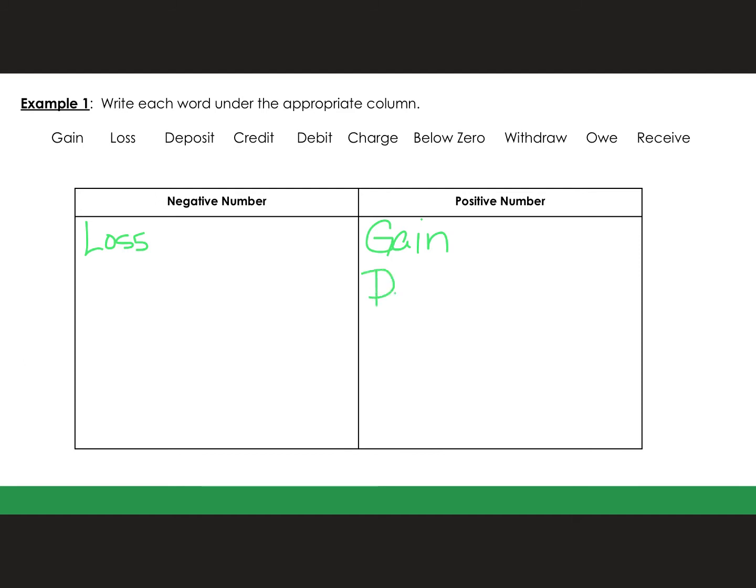Deposit would be positive. Credit would be positive. Debit would be negative. A charge would be negative as well.